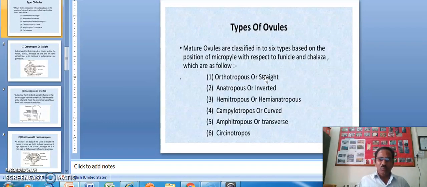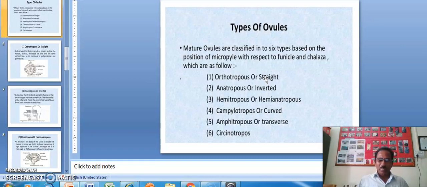Then types of ovules. Ovules are classified into 6 types based on the position of micropyle with respect to funicle and chalaza. First type of ovule is orthotropous or straight ovule. Second type, anatropous ovule or inverted ovule.